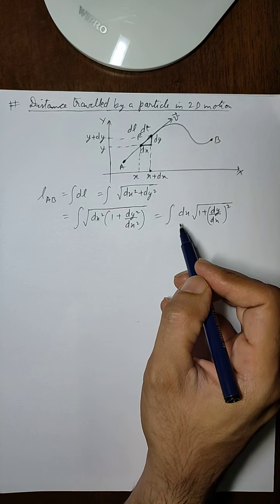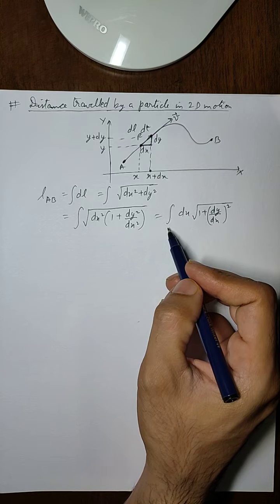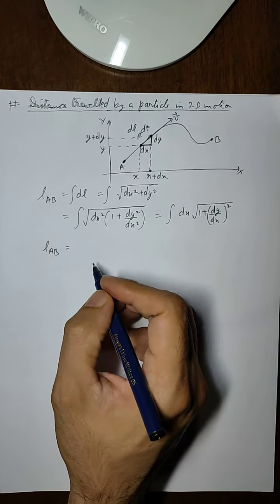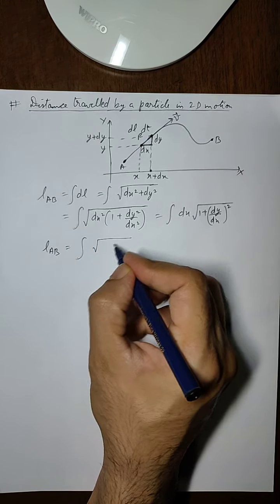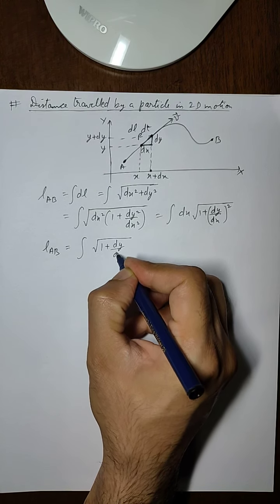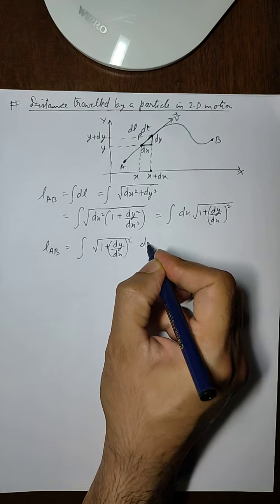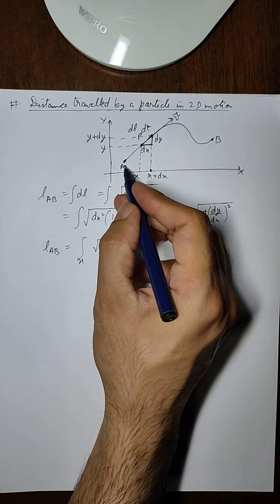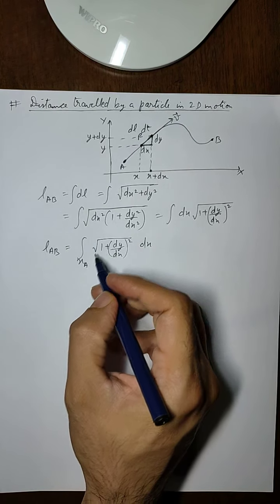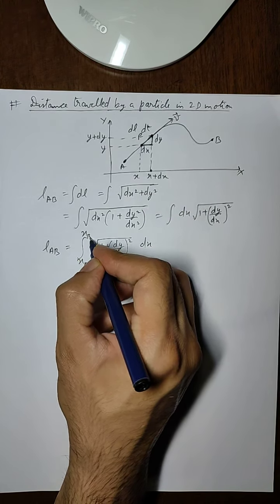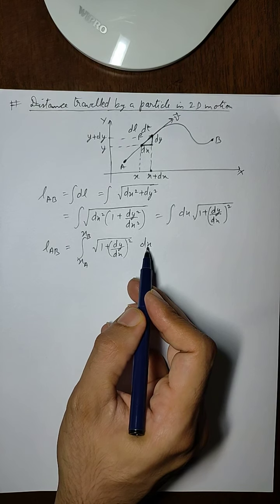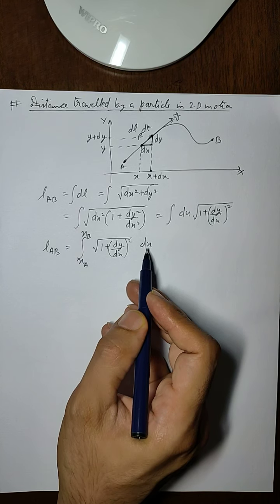So the limits that will be put here will be of x only, and we can write the total path length from A to B as this particular equation, where the initial position is xa and the final position is xb. We are taking xa and xb and not ya and yb because we are integrating with respect to x.